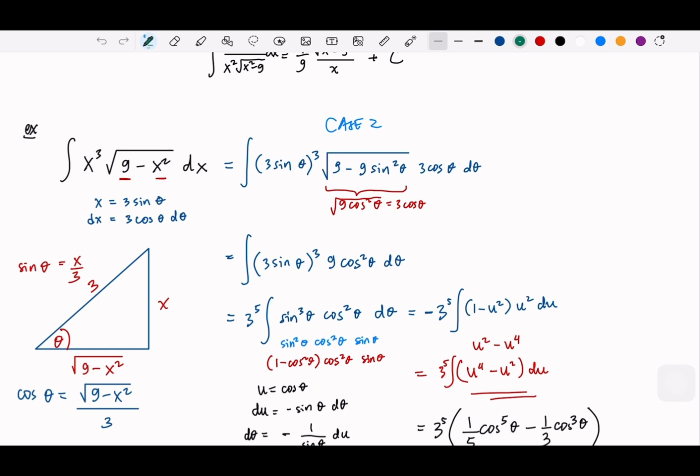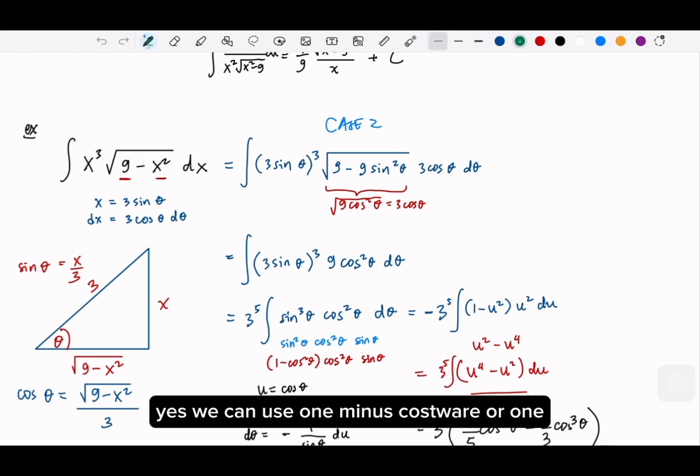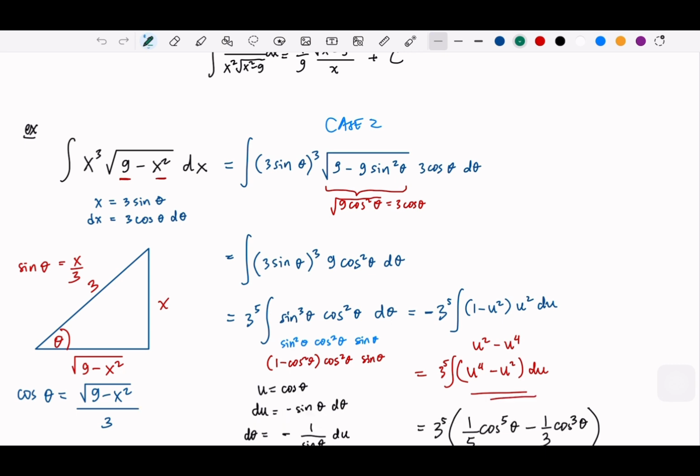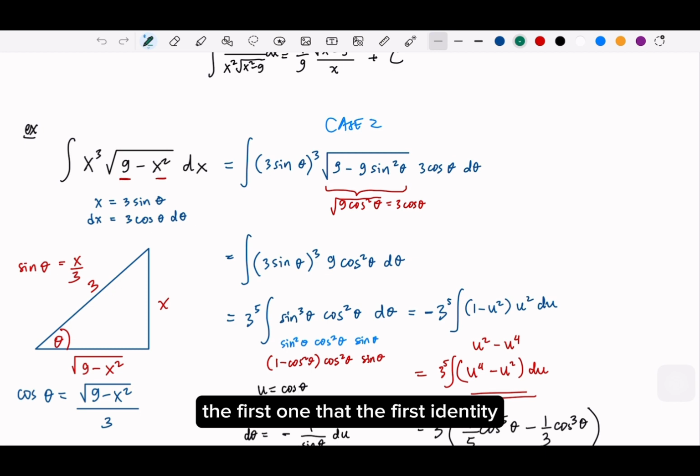Yes, we can use 1 minus cosine squared or 1 minus sine squared, and it will give a similar result. So we can use the first identity, either using cosine or sine.